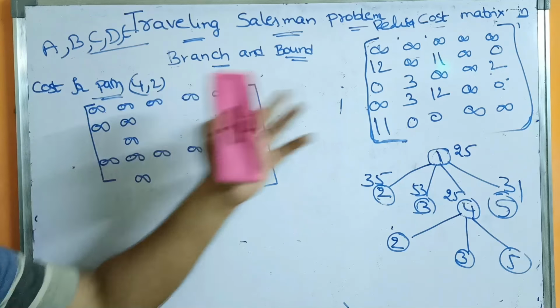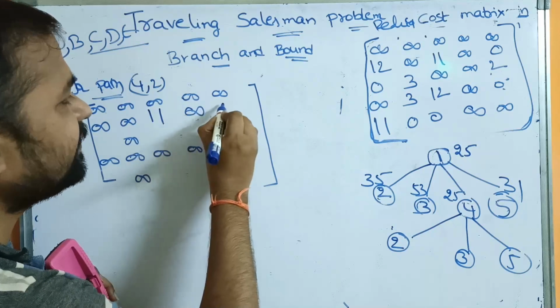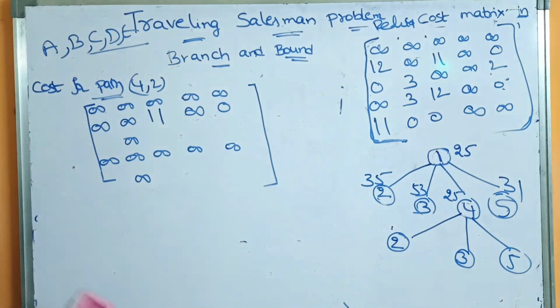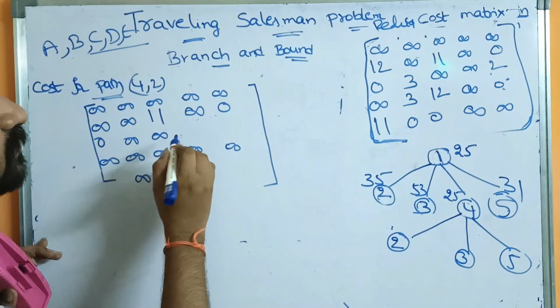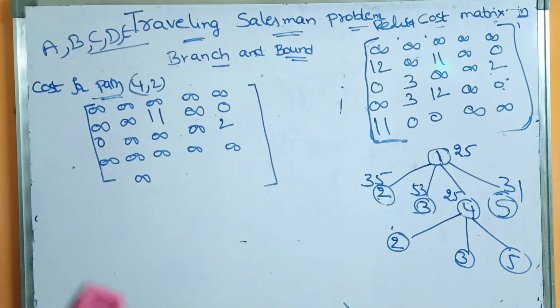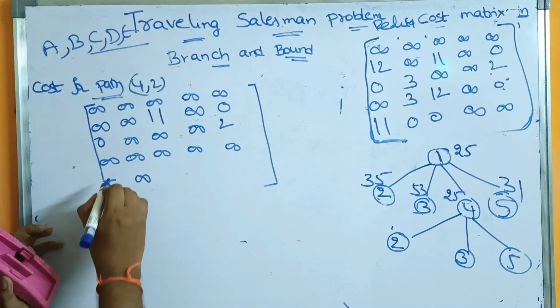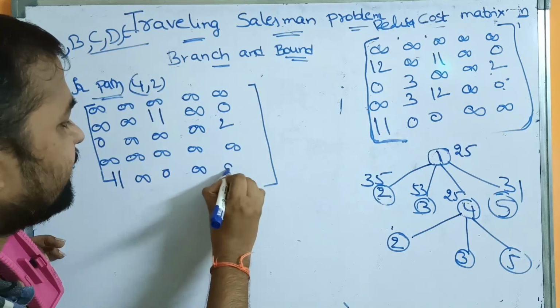Next, let us note down the remaining values as it is. So 11, infinity, 0. Next, third row: 0, infinity, infinity, 2. Next, fourth row, over. Fifth row: 11, 0, infinity, infinity.